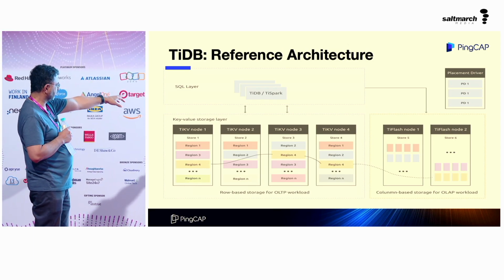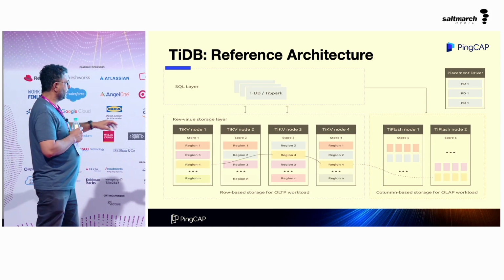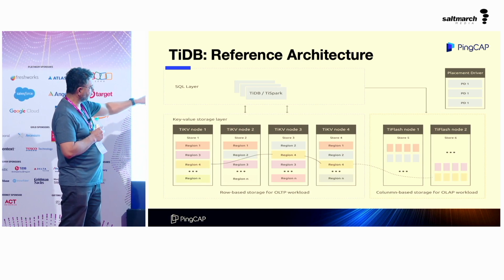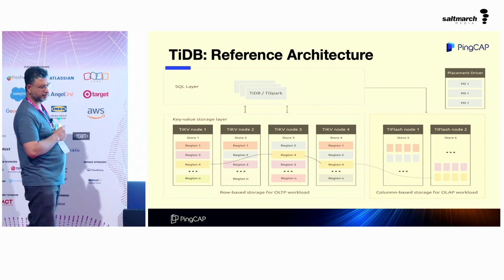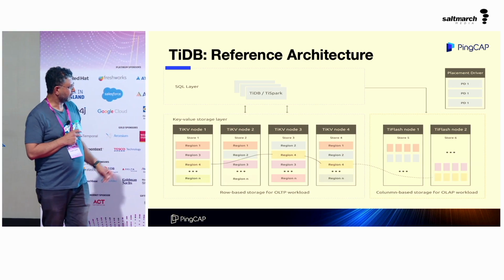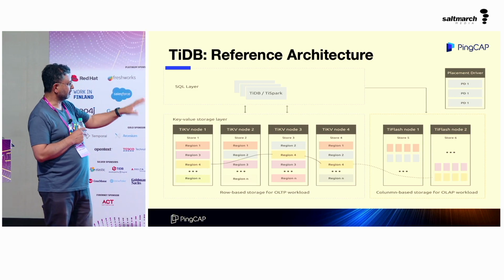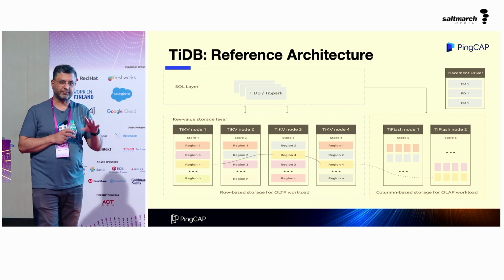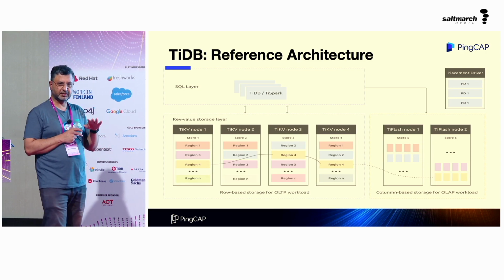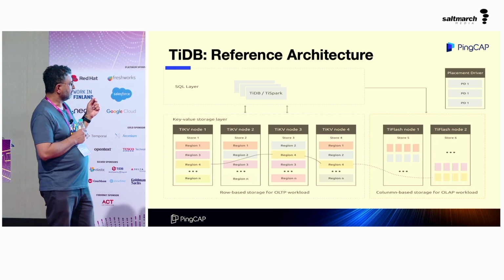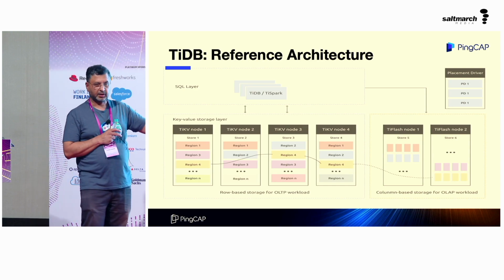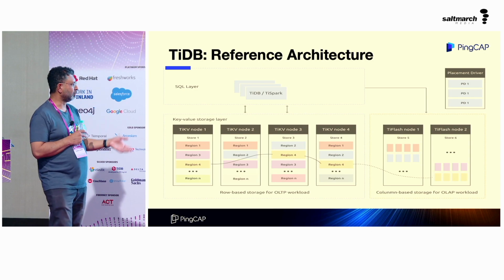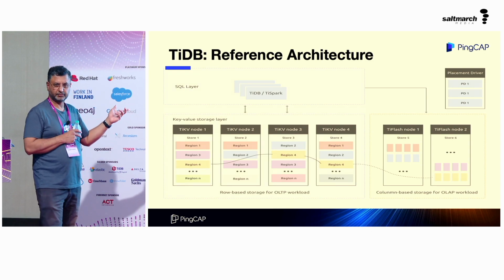Now, you will notice that we have 4 nodes, and the regions are spread out across the nodes for high availability. One of them will be the leader, and the others will be followers. And each of these regions is a separate raft group. Raft is the consensus protocol. And by spreading it out, we reduce the chances of a single node taking down the cluster.